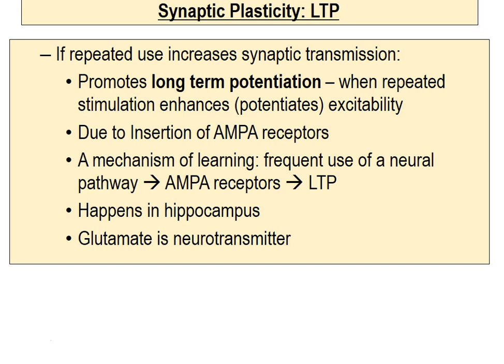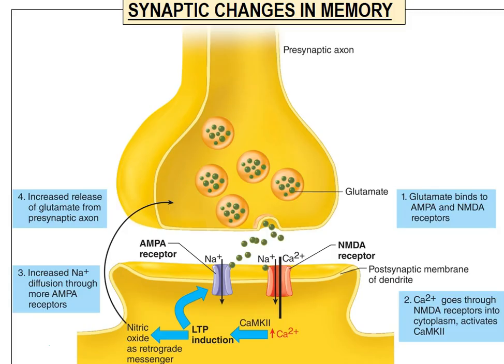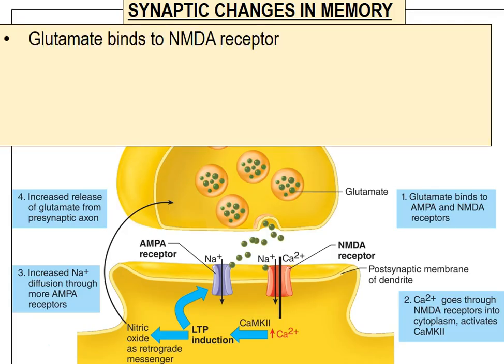Let's take a look at how glutamate actually works. In this slide, what you can see is that glutamate is going to bind to the NMDA receptor, but also the AMPA receptor. The AMPA receptor and the NMDA receptor actually work together.